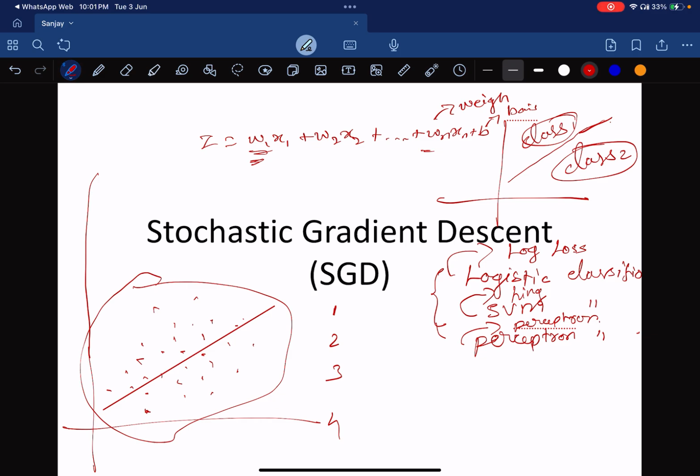If there is a data point far away from the patterns, these data points are called outliers, or noise, because we have some wrong data points in our data set. The stochastic gradient descent will update its weights based on the single point.